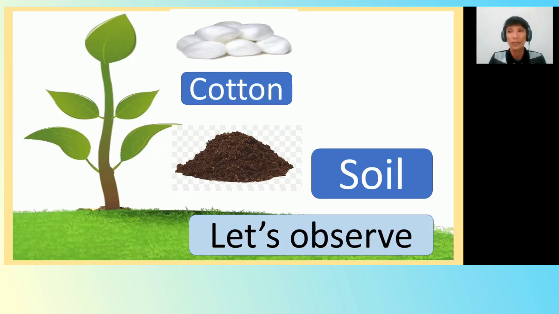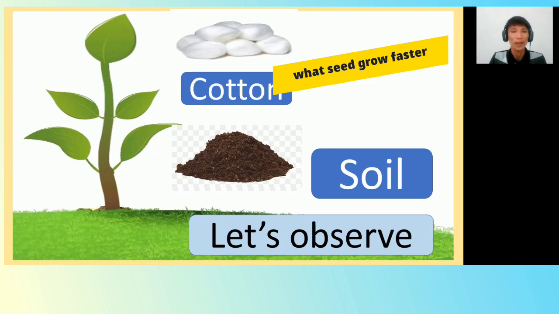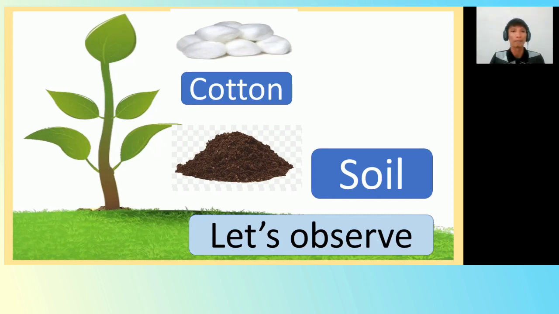So in this observation, we're going to plant seeds into cotton and soil. In this experiment, we want to know which seed grows faster. So we're going to plant the seeds into cotton and into soil, in tubs.